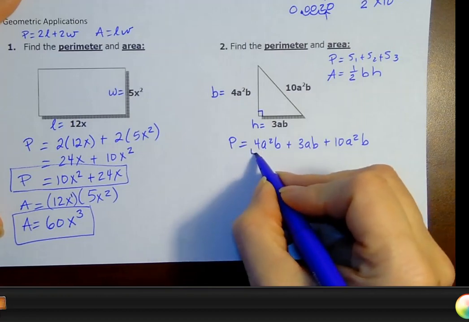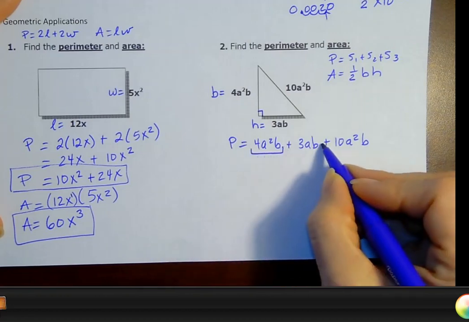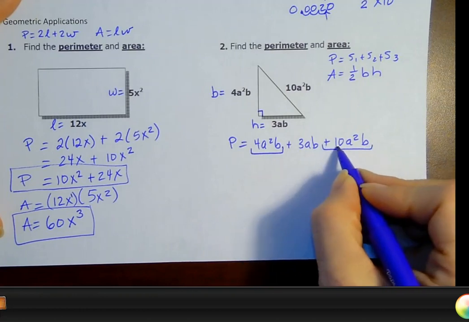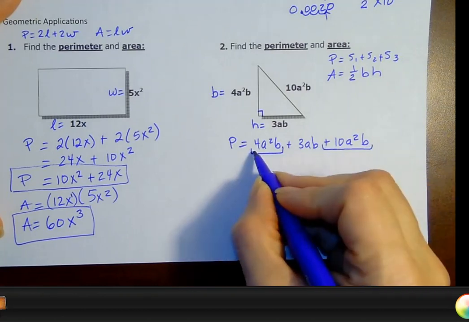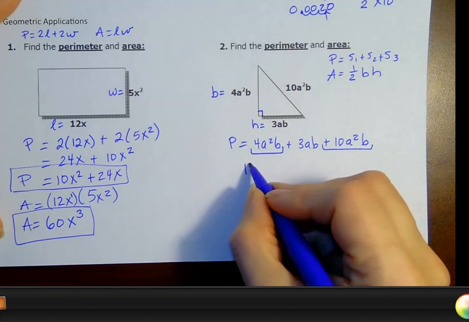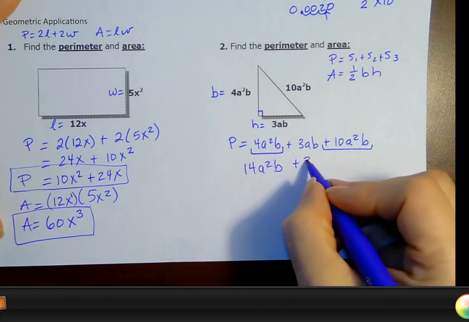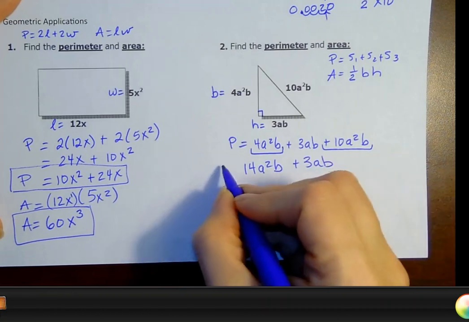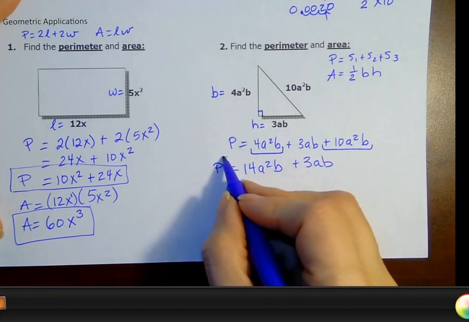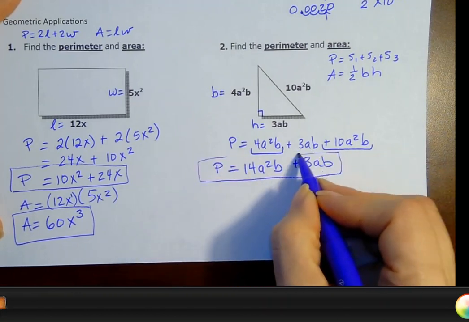I can combine 4a squared b and 10a squared b. Those are like terms. I had 4 of them, and now I have 10 more of them, so I have 14a squared b's plus 3ab. There's nothing else to do with that information, so that whole big expression gives me my perimeter.